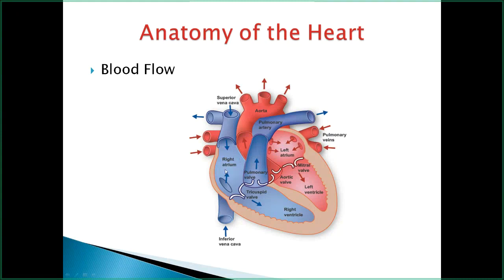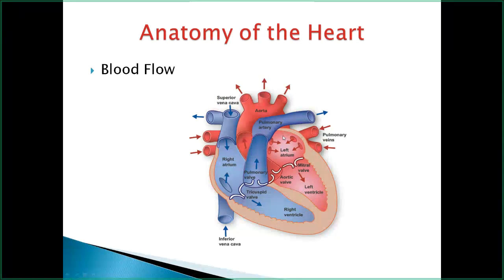Then it travels through the tricuspid valve into the right ventricle. From the right ventricle, it's going to go through the pulmonary valve out to the lungs. Now this is where it's picking up oxygen and nutrients. Once that blood is in the lungs, it's delivered back to the heart through the pulmonary veins into the left atrium.